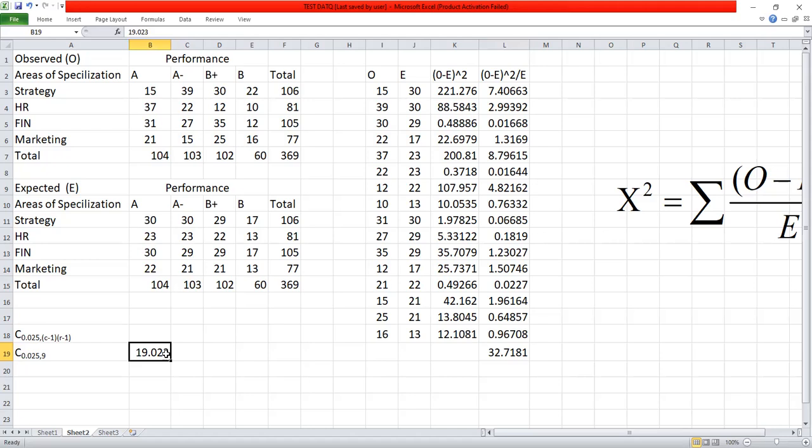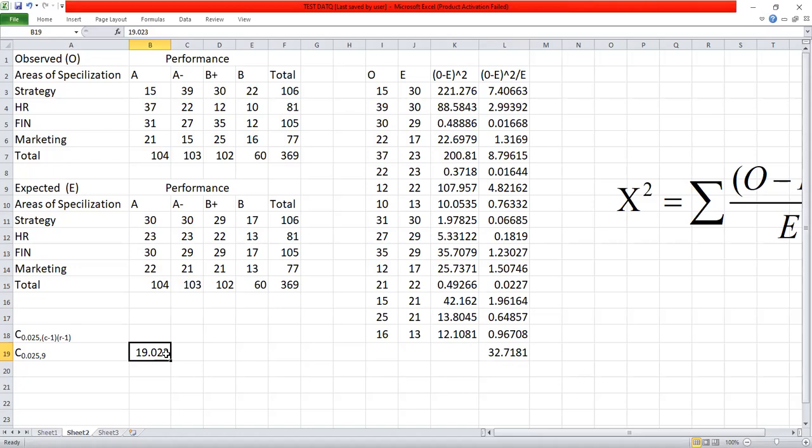So we reject the null and conclude that area of specialization actually affects student performance, based on the sample data you have used. There is a relationship. That's the conclusion you draw, because you draw the conclusion based on the problem.